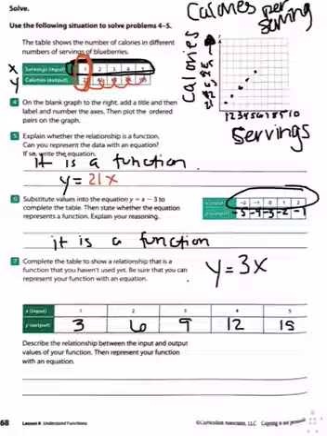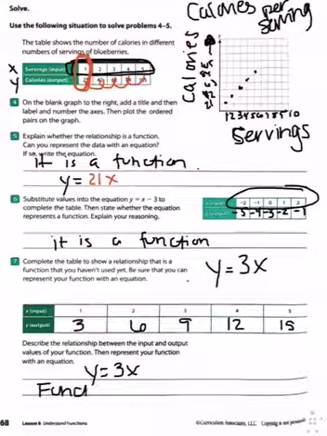It then says describe the relationship between the input and the output values of your function, then represent your function with an equation. Again, my equation is y equals 3x. It is a function. Also, if I went the opposite direction, it goes up 1, 2, 3, 4.